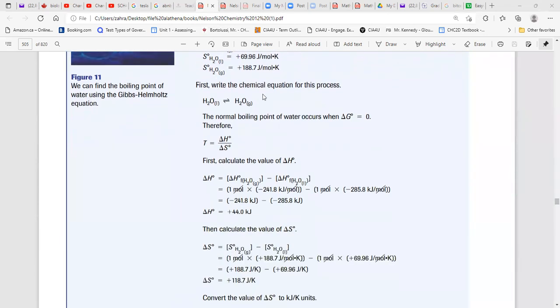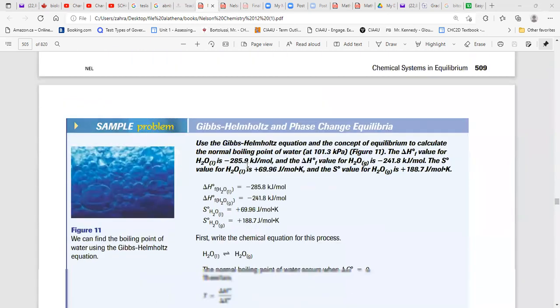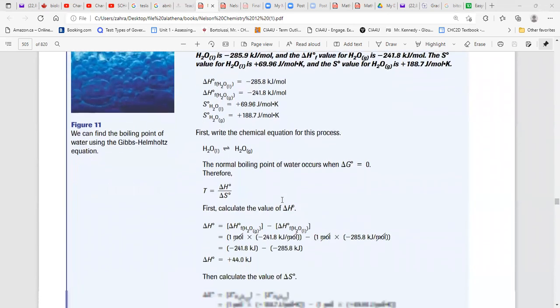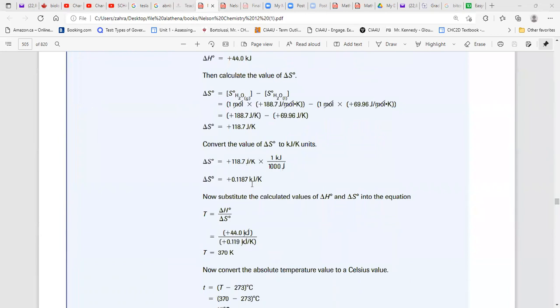For delta H we use product minus reactant, H2O of the gas minus the liquid, and the same thing, product minus reactant, for the entropy. We find that. Make sure you convert the entropy from joules per Kelvin into kilojoules, so 1 kilojoule is 1000 joules.